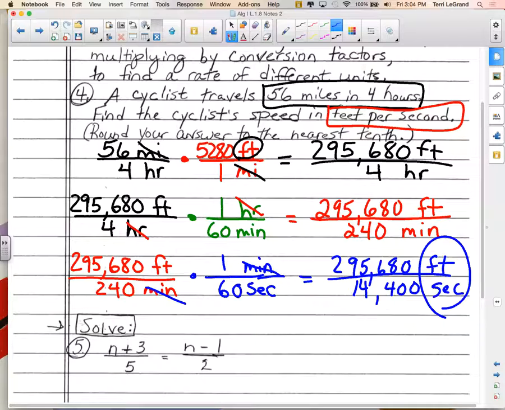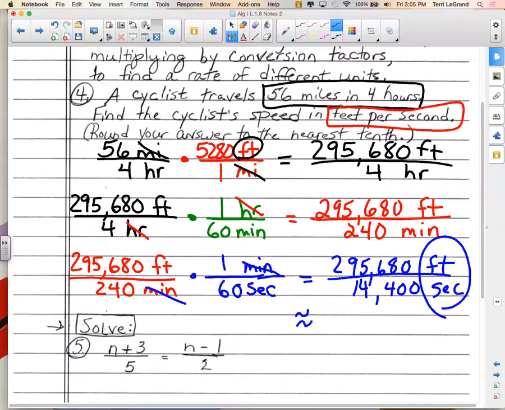Now you're going to divide it out on your calculator. What does it say? Round your answer to the nearest 10. So what is 295,680 divided by 14,400 rounded to the nearest 10? Come on, help me out. Alexis? 20.5.